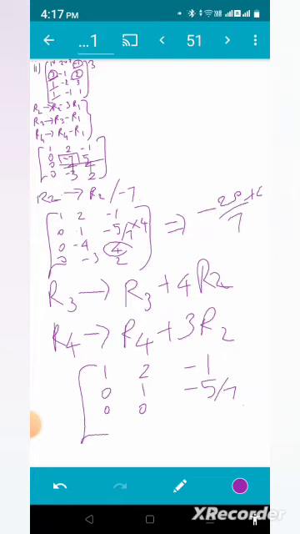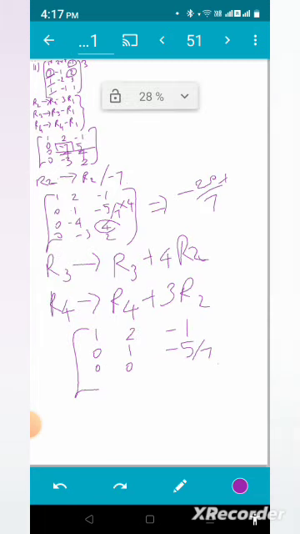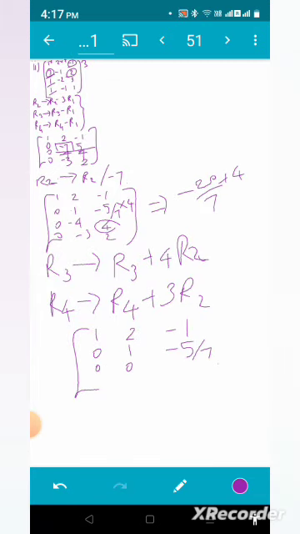So we get, with the corresponding numbers, 20 minus 20 plus 20, that is 8 by 7.